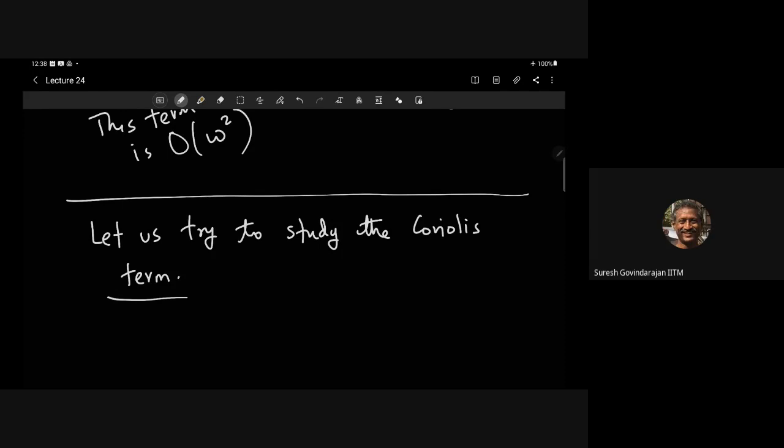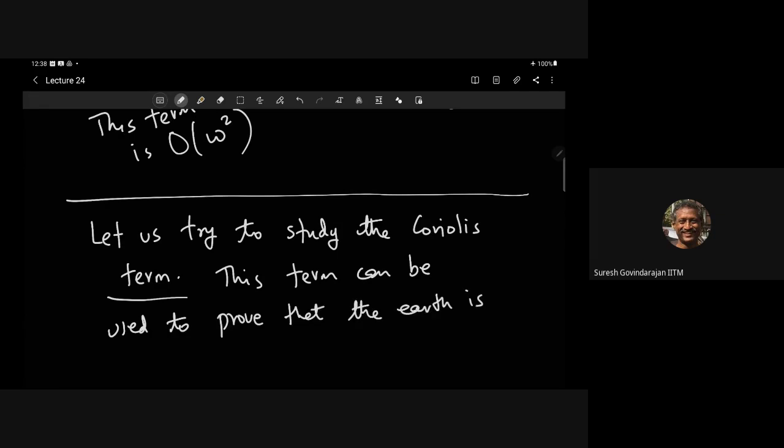Okay. So for instance, G effective is something which doesn't prove that the earth is rotating. But this term can be used to prove that the earth is rotating.